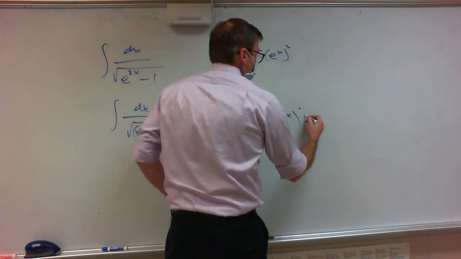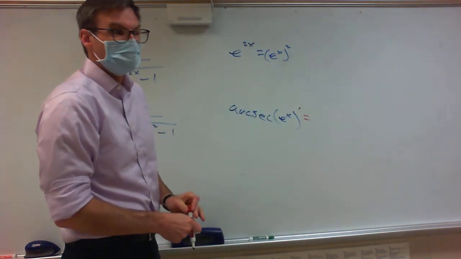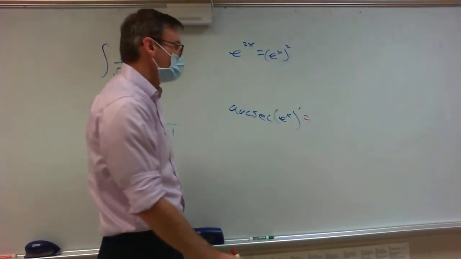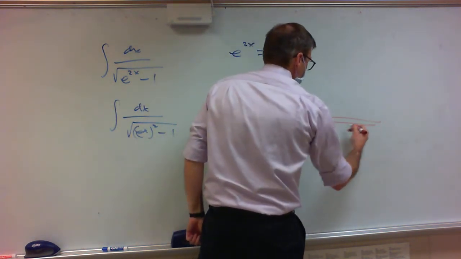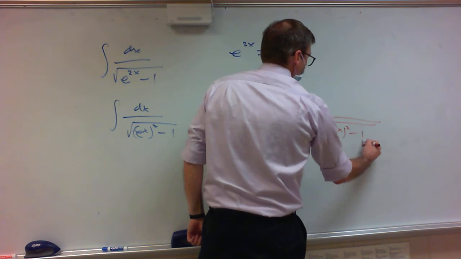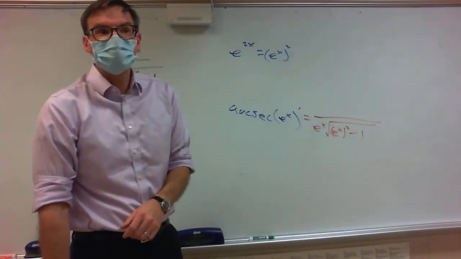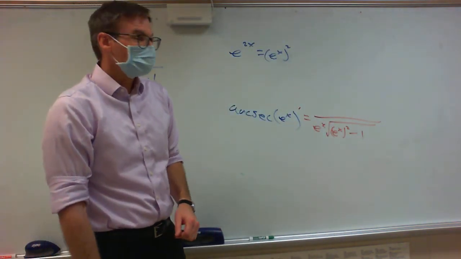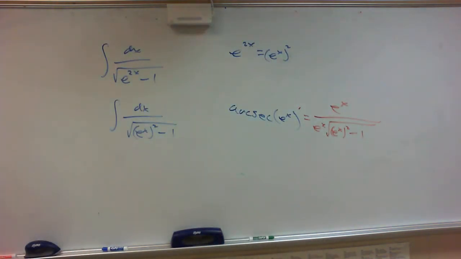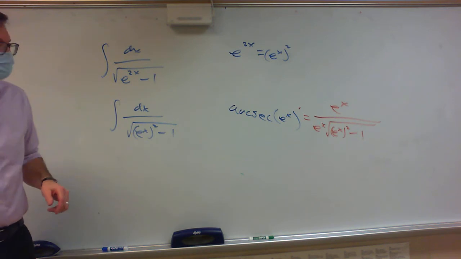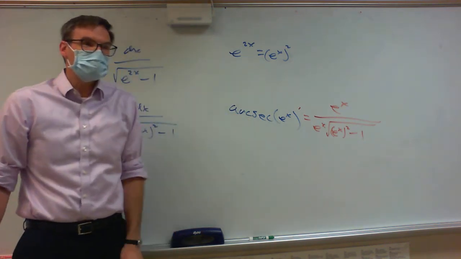All right, let's take the derivative and see how close we get. What's the derivative of arcsecant? Stuff, well, I get to copy the stuff here. It's the square root of e to the x squared minus 1. What's the derivative of stuff? e to the x. Everybody see that's the derivative of this?